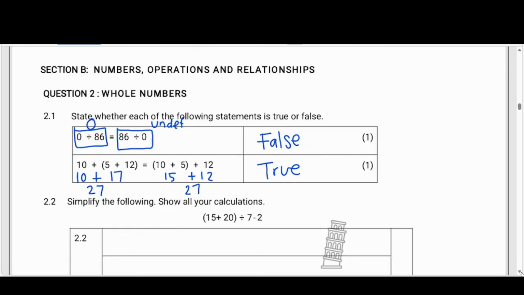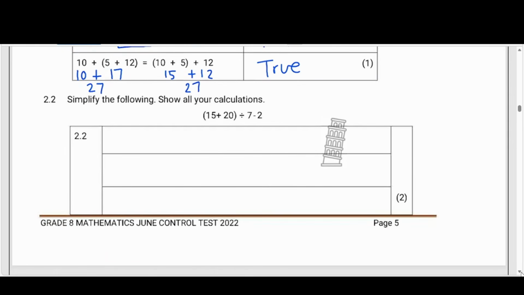Question 2.2, simplify the following, show all your calculations. So they're just checking if we're going to follow our order of operations, some people call it odd math, some people call it bid math. So we always have to do brackets first. So let's do these brackets. 15 add 20, so 20 add 10 is 30, add 5 is 35.